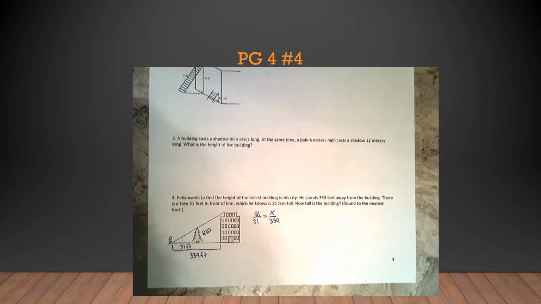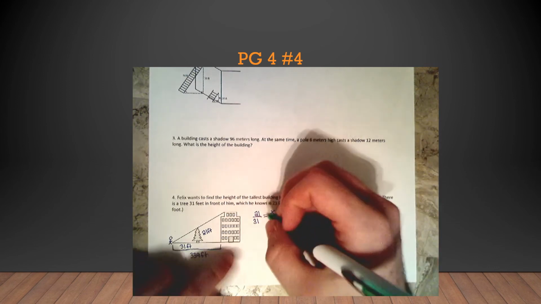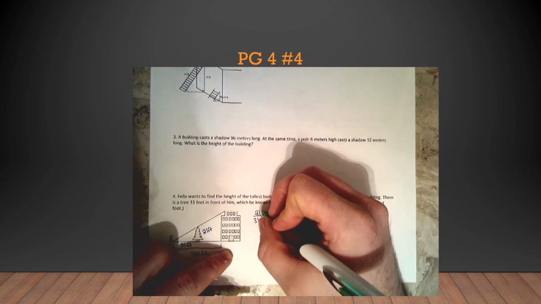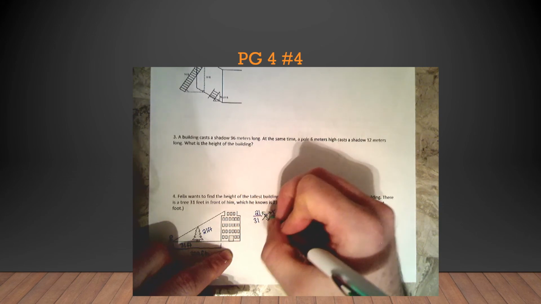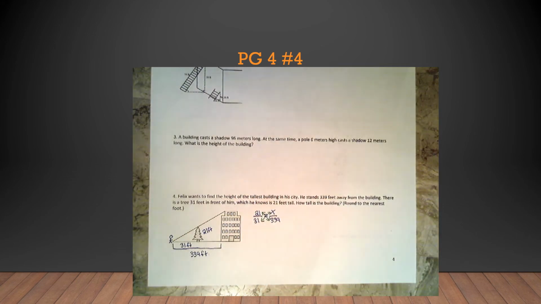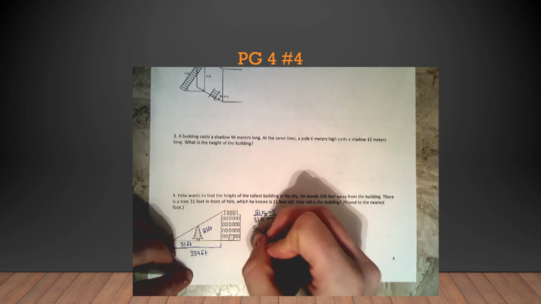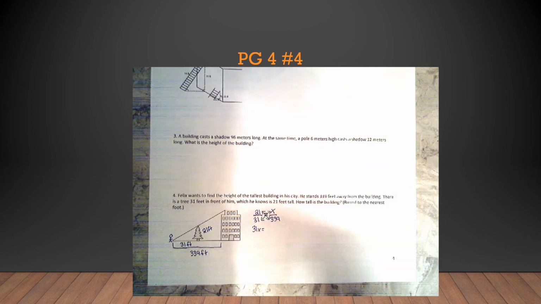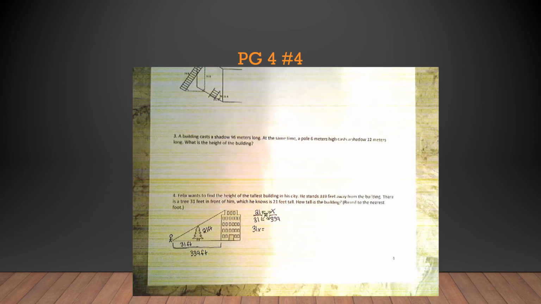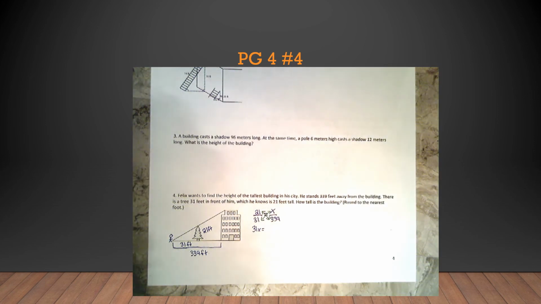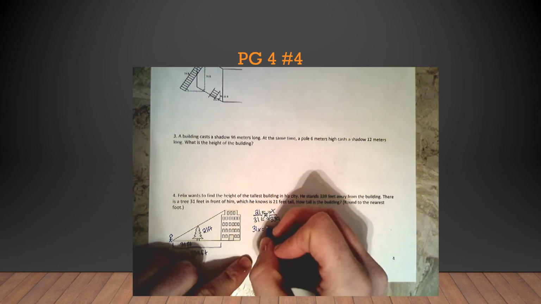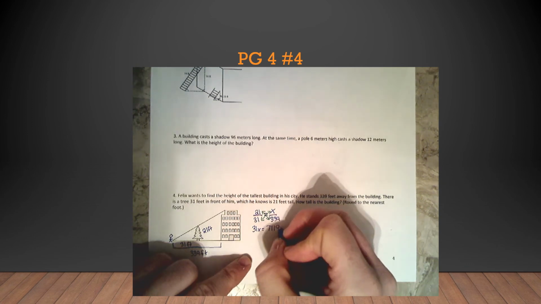Now that I have set up an equation where I can solve for something, what I need to do is our cross multiplication, or cross product. So 31 times x is 31x. 21 times 339 is equal to 7,119.